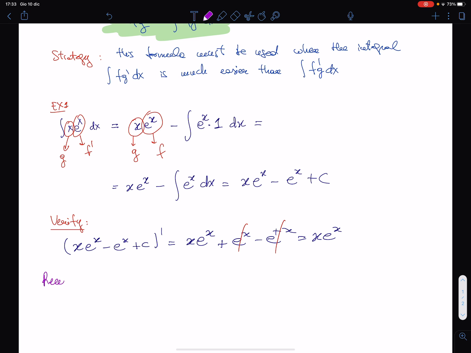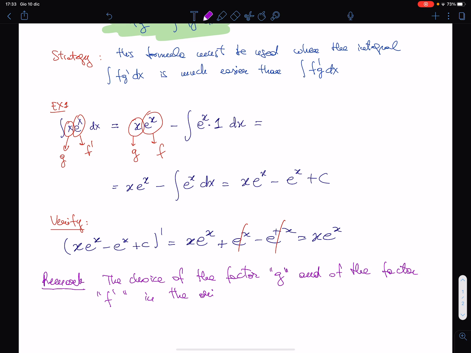On the other hand, we can make a very important remark. The choice of the factor that plays the role of g and of the factor f prime in the original integral is crucial.